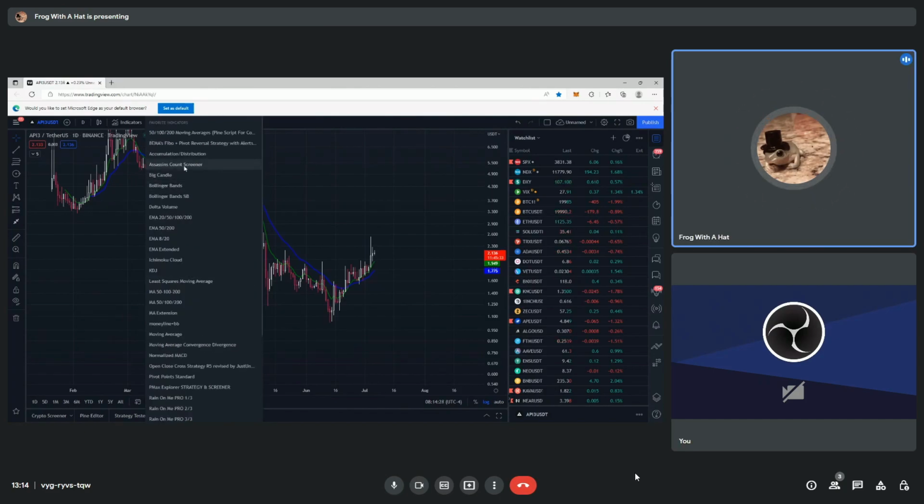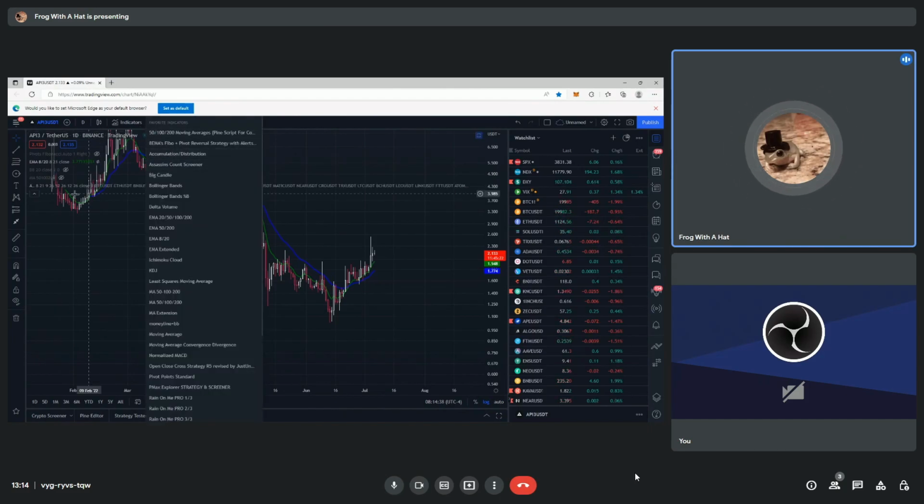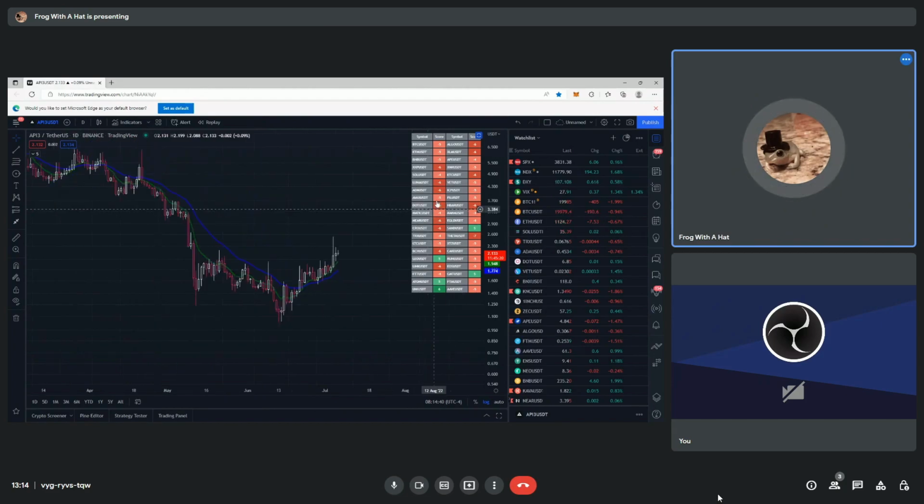I mean the Assassin screener right here. It shows you a score. That's a screener type, and it shows you a score of how good a coin is.